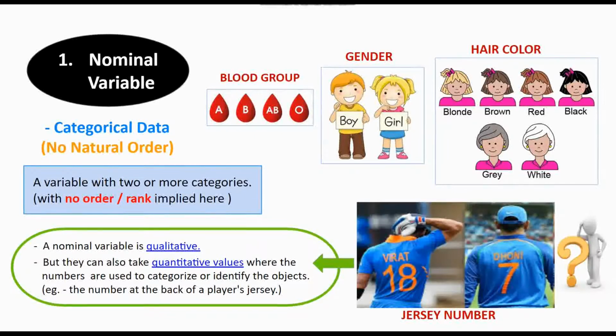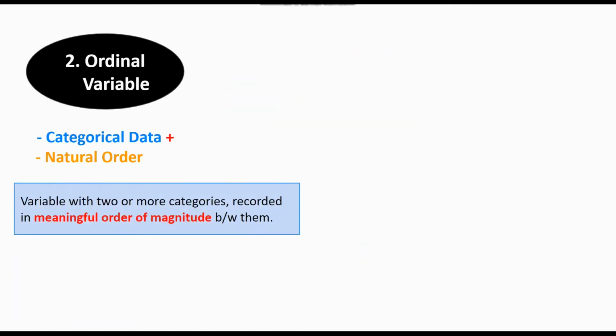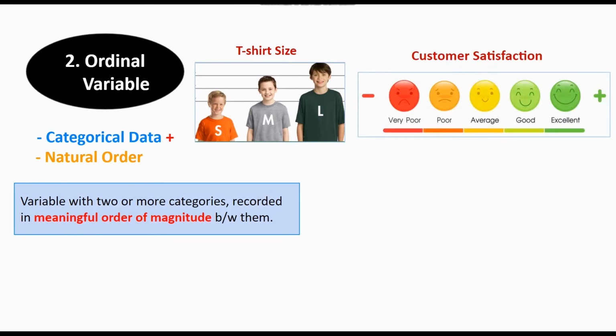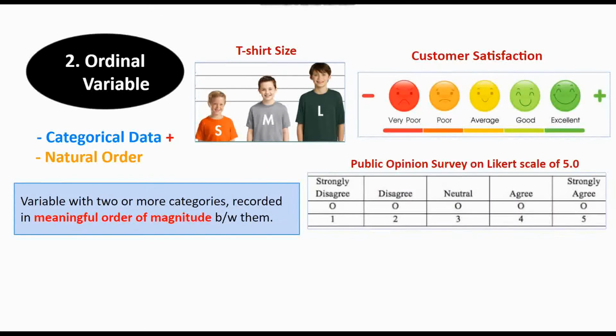So moving ahead, the second is the ordinal variable. This is similar to the nominal, but the only difference is it shows a kind of natural order or a meaningful ranking between categories. For example, t-shirt sizes, a customer satisfaction survey or a public opinion survey like this.